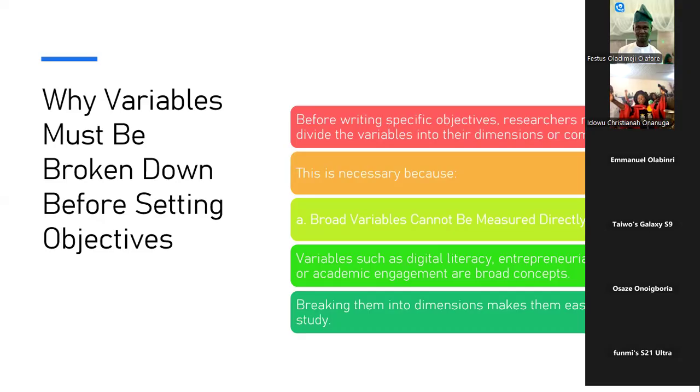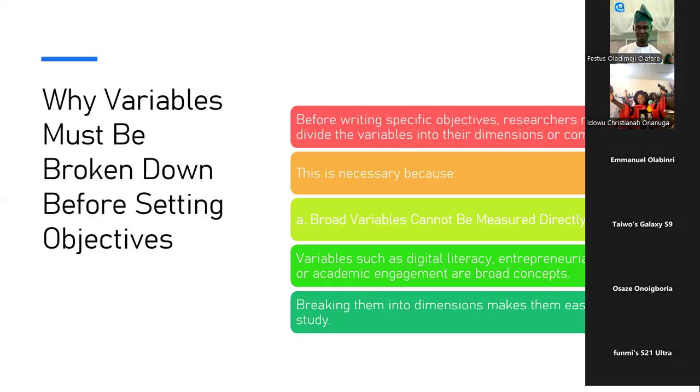In that case, we have two variables there. We have family background, we have student academic performance. But family background is too broad for us to handle. So we need to limit it down, just like my example of leaving my house to the University of Lagos. So you have to break this down to what you can actually measure.